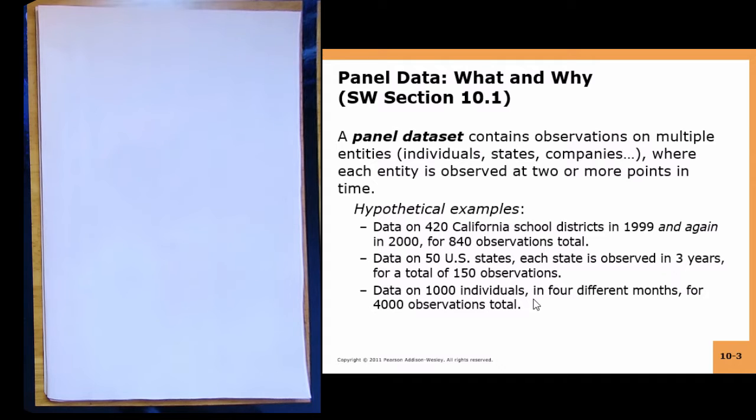So for instance, if you are looking at individuals who are being polled for their opinions, or who have some kind of disease, and you are following them, it's called a cohort study. So when you have a cohort of individuals, a specific set of individuals, and you keep going back to them and measuring some variables over time, then that would also be known as panel data.